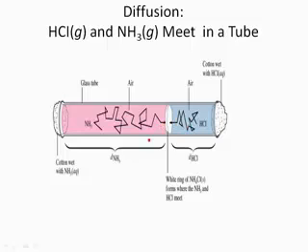We're assuming that they're at the same temperature, and at some point they would meet, and they're going to form an ammonium chloride precipitate at the point where they meet. And as you can see here, and we're going to talk about this in just a minute, the ammonia would travel much farther than the hydrochloric acid would in the same amount of time.